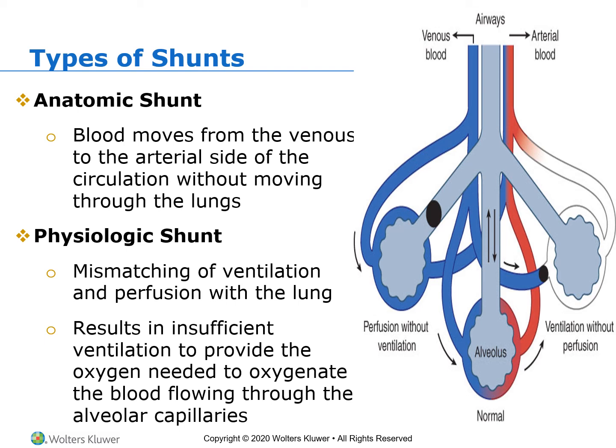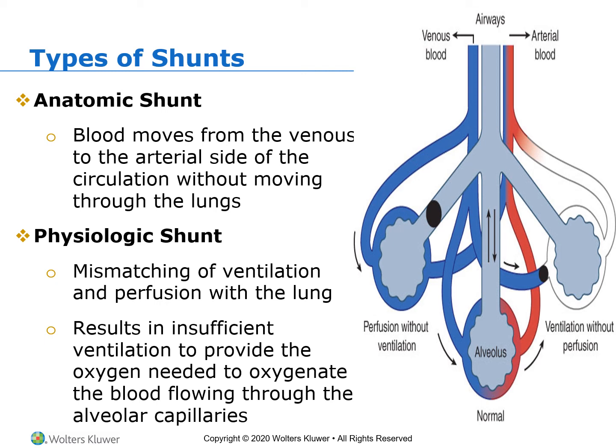So as you can see in this image, they're talking about the structure. In the center, we're seeing a normal matching of ventilation and perfusion. So you have ventilation happening nicely here, and the perfusion is good.